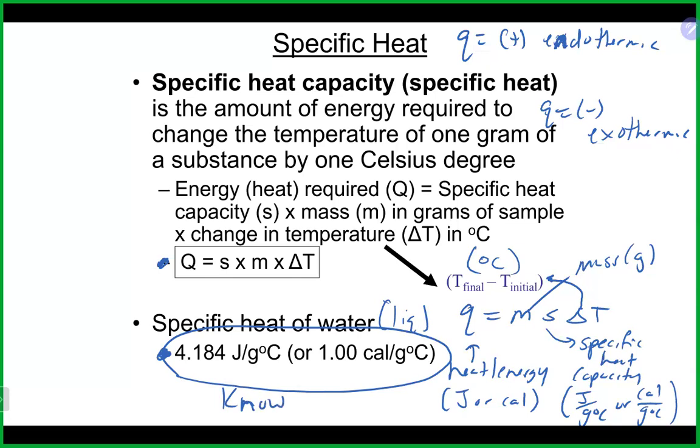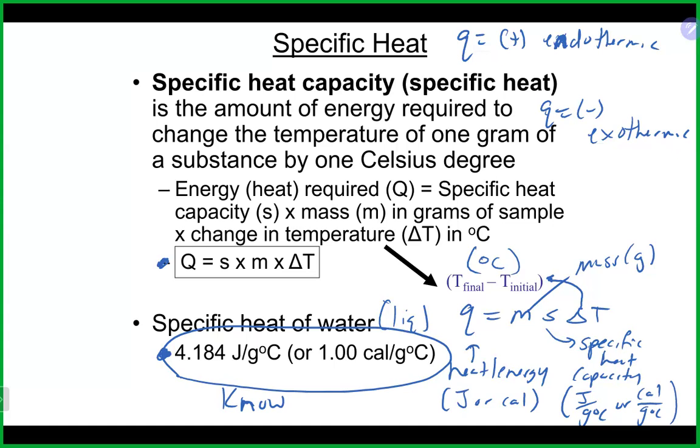Those numbers should look familiar, as those are the numbers we used to convert between joules and calories. There are 4.184 joules in a calorie, and that's also the specific heat capacity of liquid water. That is a value you use a lot when doing these calculations, and it's never given to you. It's something they assume you know, even in problems, and you just use it.